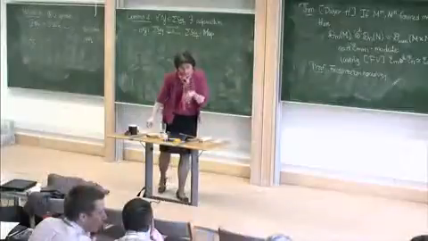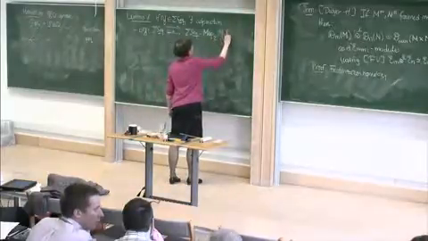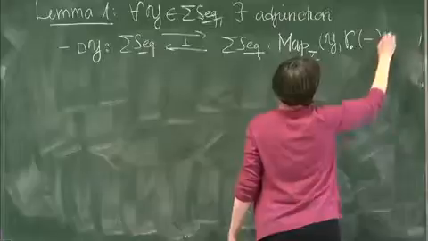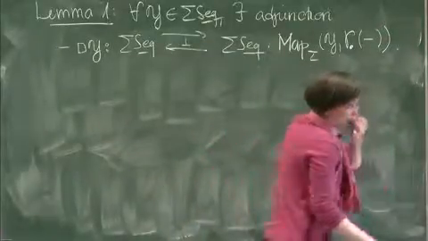So let me try this properly. We look at the sigma equivariant maps from y into some construction that I call gamma dot. And this gamma dot is actually interesting.